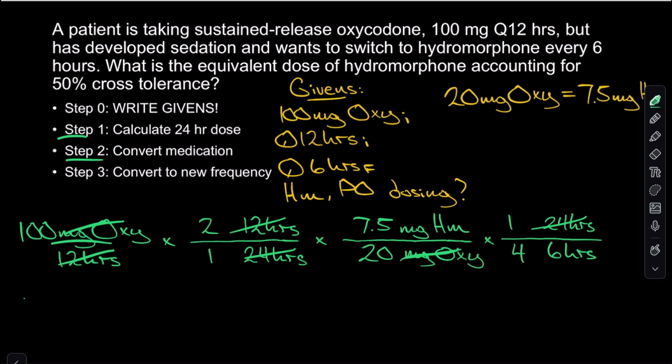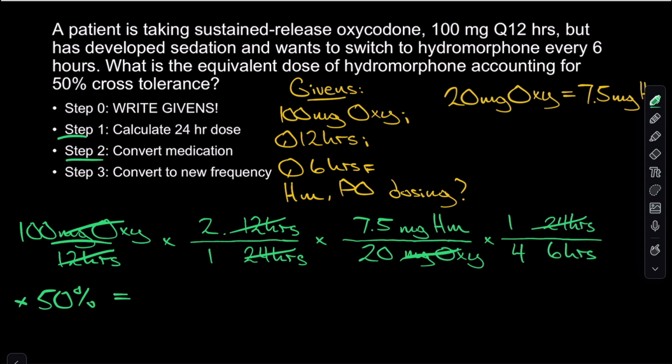And we're accounting for 50% cross tolerance, so times 0.5. Now we can go ahead and calculate our answer.